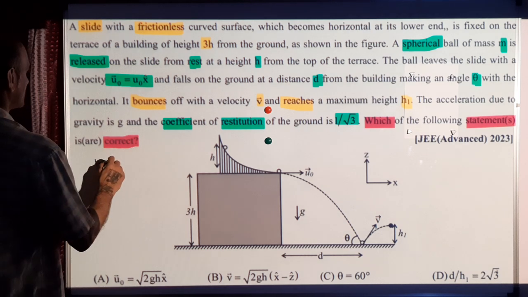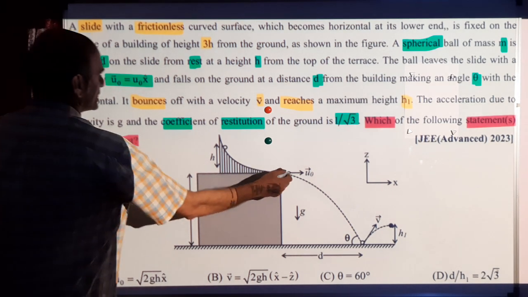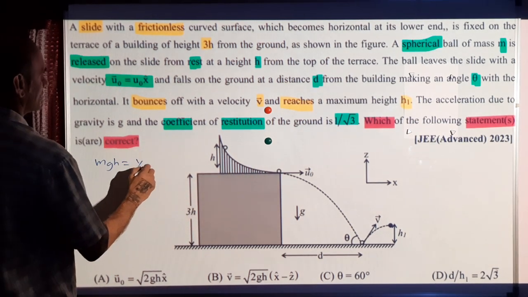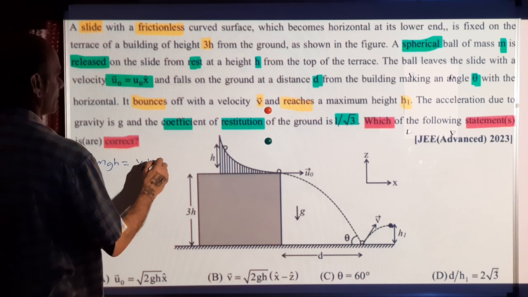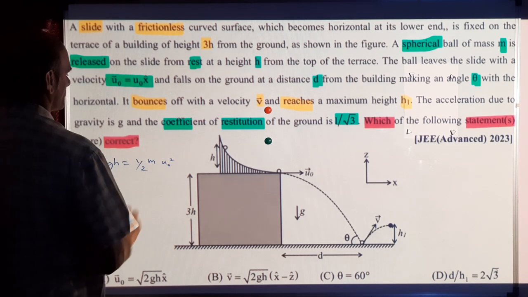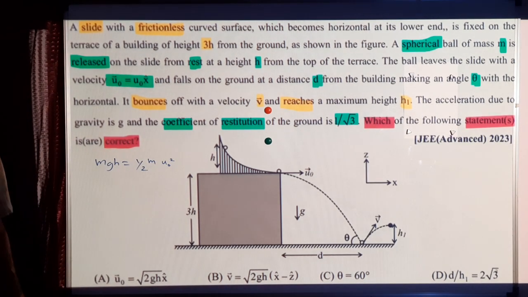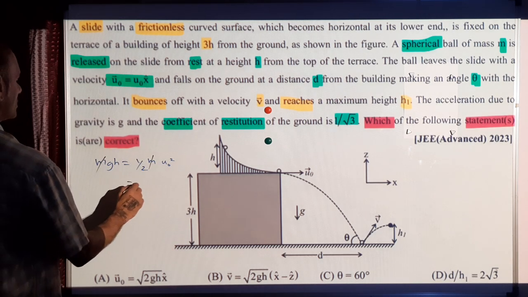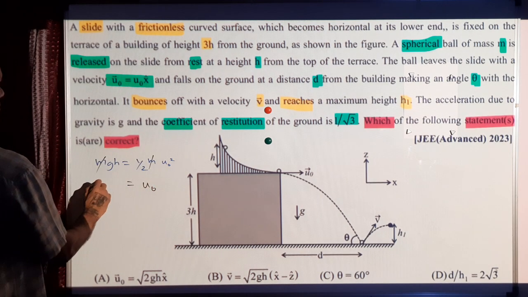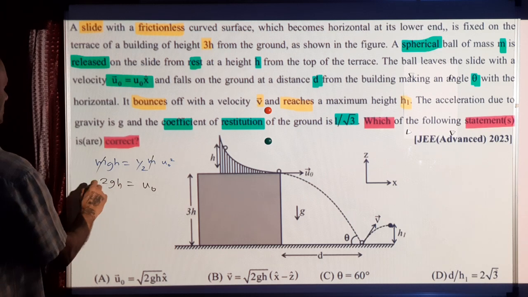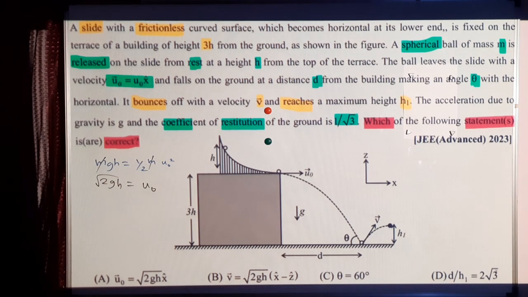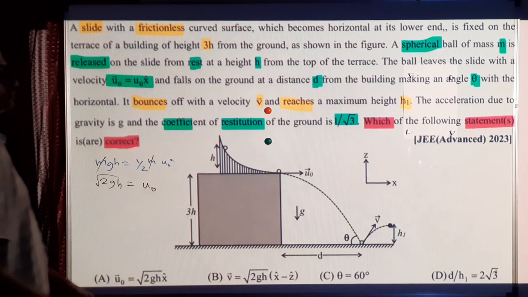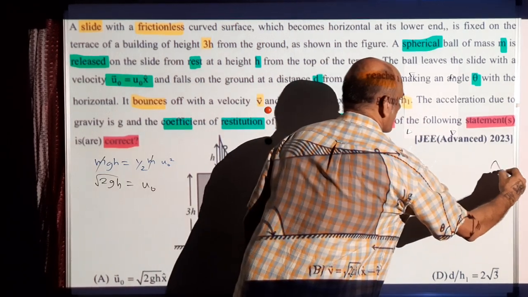So mgh equals the energy at this point, which is kinetic, half m u0 square. So u0 equals square root of 2gh. So option A is true.